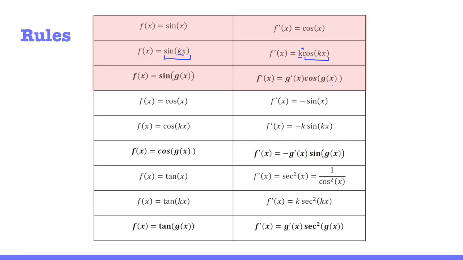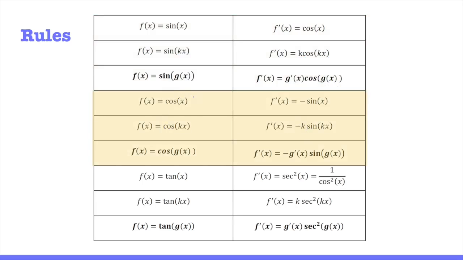And yes, this is the chain rule, so it's the derivative of the inside multiplied by the derivative of the outside. So in general, if we have f of x is equal to sine of g of x, then our derivative will be the derivative of the inside, which is g dash of x, multiplied by the derivative of the outside, which is cos of g of x, remembering that you don't touch that inside bracket.